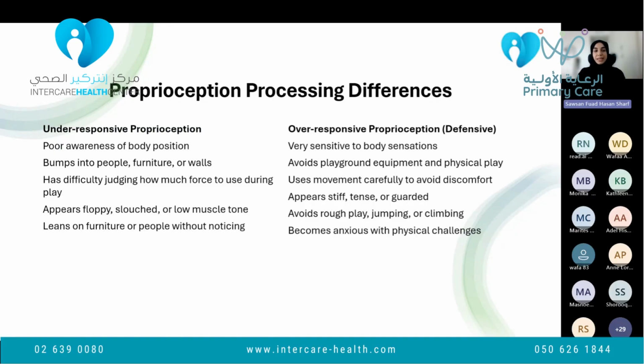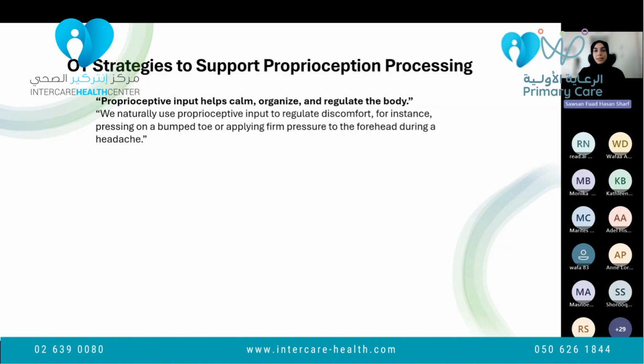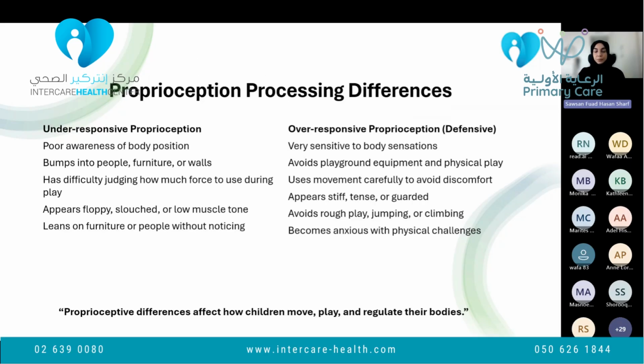Also, the child will lean on furniture or people, or will always ask for hugs and deep touches. Another example here is hyperactivity. If the child is seeking extra movement, that means this is because of his sensory difficulties.